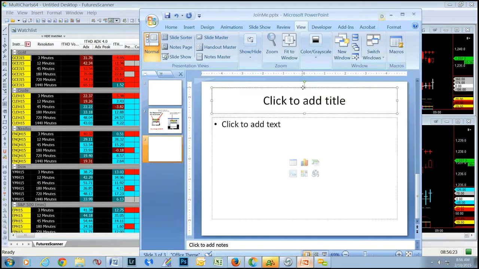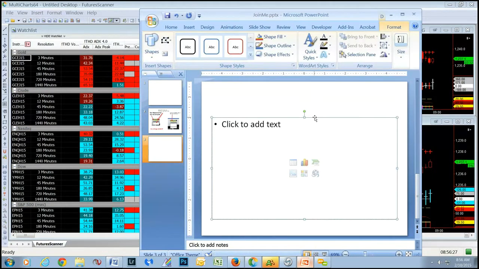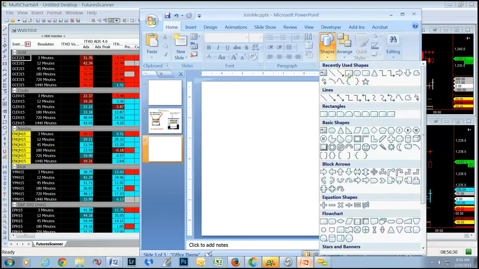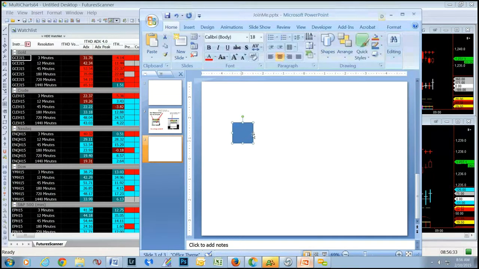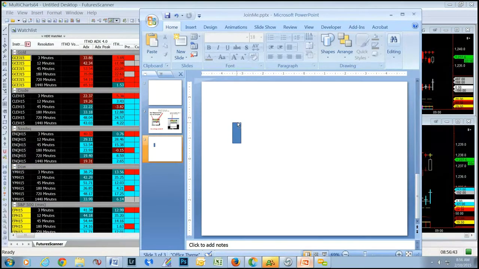Let's go over divergence again because y'all were getting confused over divergence. What is divergence? Here's a price bar, and I'm not going to draw wicks. Just presume that this is the high. You understand?